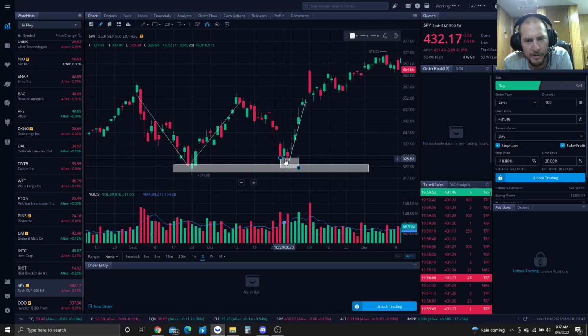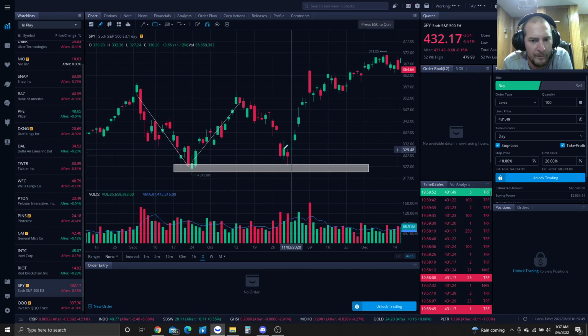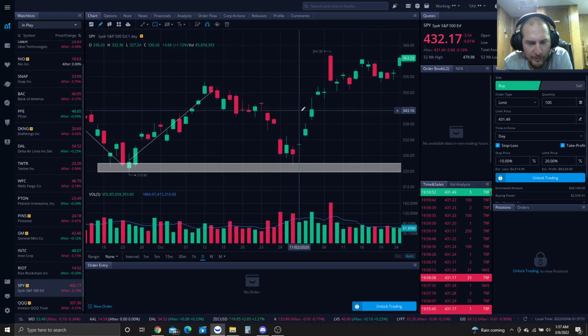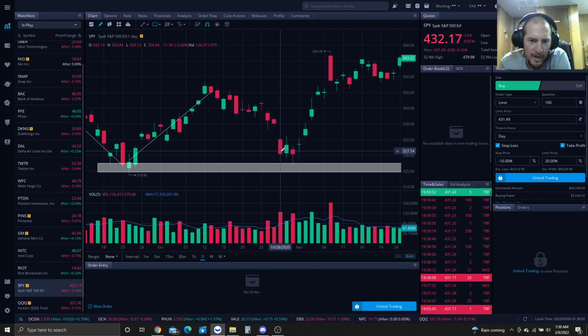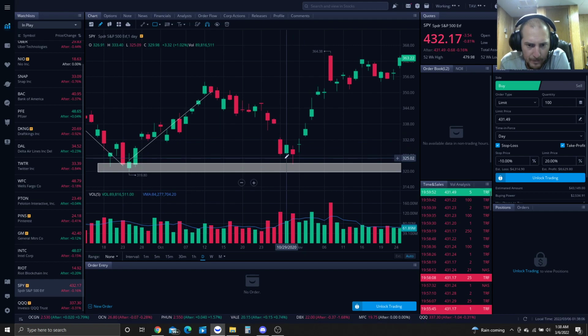So the general premise behind that first setup is you wait for a reaction from demand in the form of long wicking candles or some kind of bullish candle. And you get that here. It's a pin bar, V-shaped reversal pattern, 3 candle reversals, and what you end up getting is a trade.